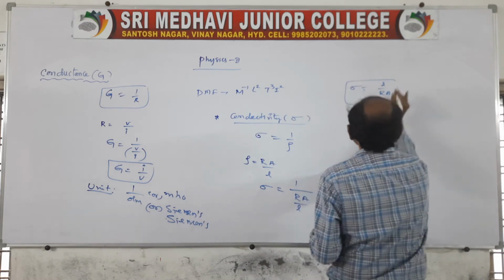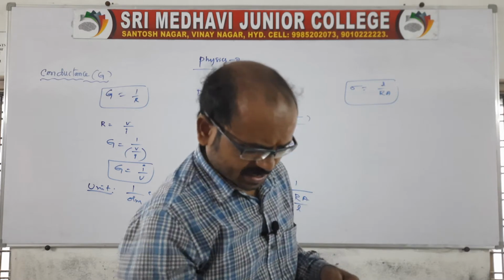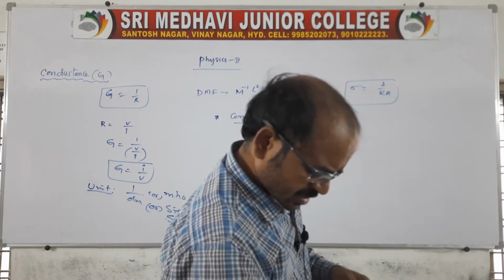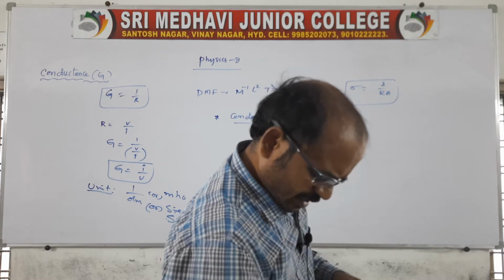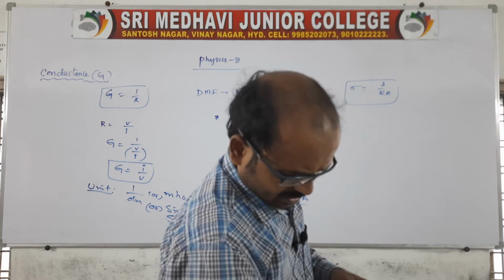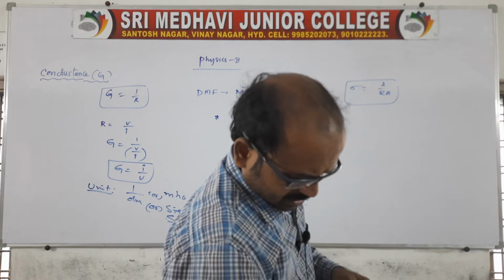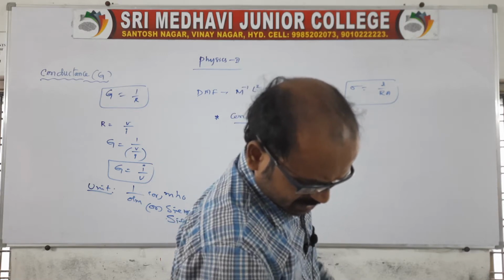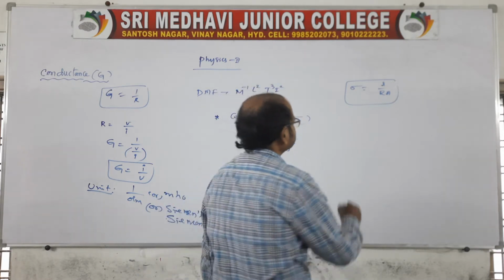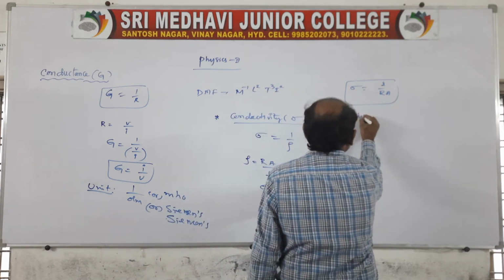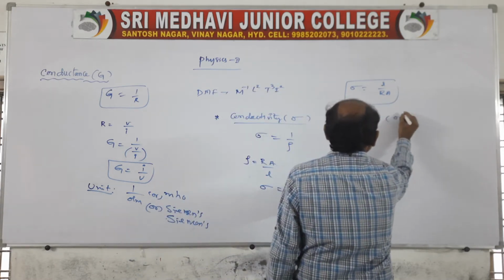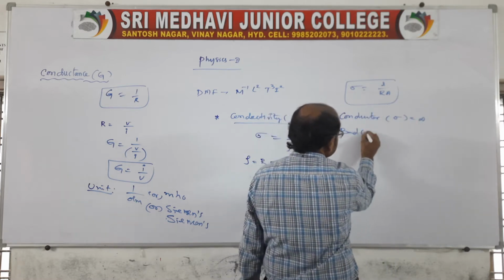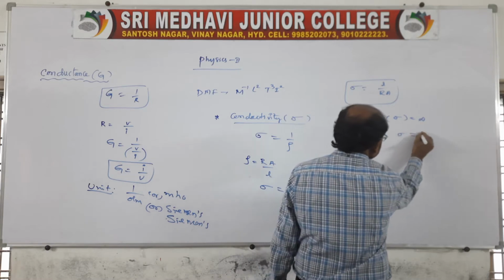Now, the point here is the conductivity of substances. Suppose you take a conductor. For a conductor, the conductivity is infinite, sigma is equal to infinity. Whereas for a bad conductor or insulator, sigma is equal to 0.